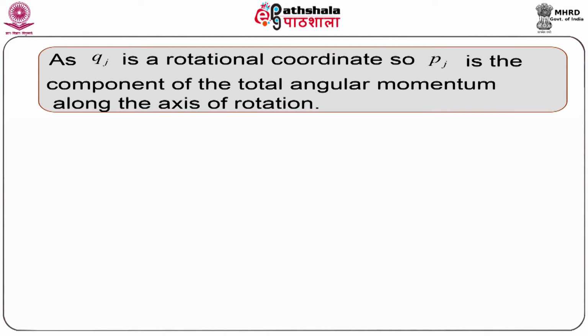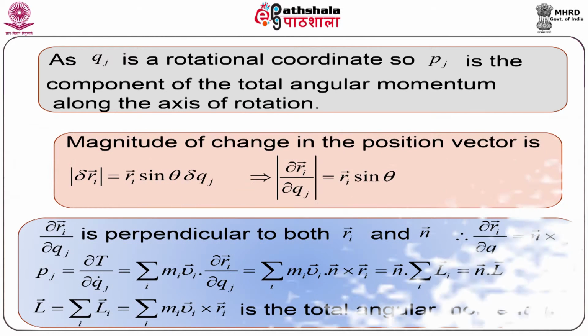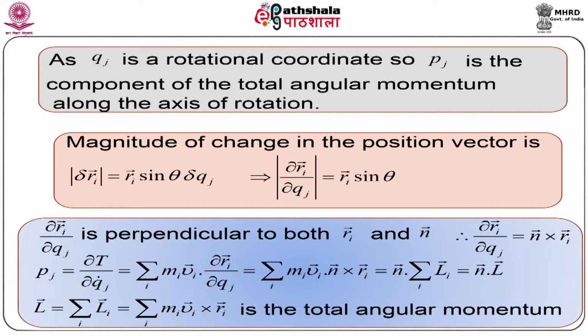As Qj is a rotational coordinate, Pj is the component of the total angular momentum along the axis of rotation. The magnitude of change in the position vector Ri due to the change in rotational coordinate Qj is the absolute value of delta Ri equal to Ri into sin theta into delta Qj.